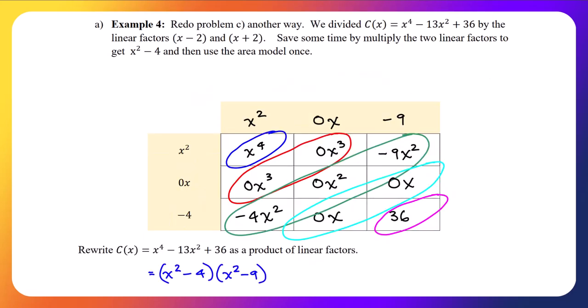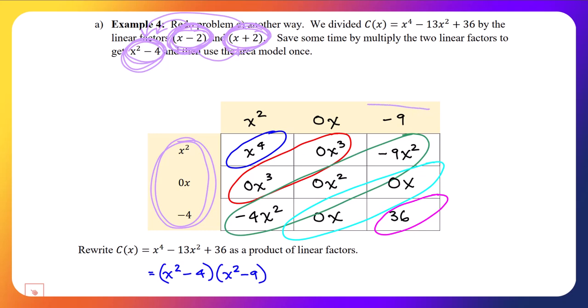Now, if you remember in the previous problem, we divided by x minus 2, and then x plus 2, one after the other. Well, if I multiply them together, I'll get x squared minus 4, which means that these two are in there at the same time. So why don't we divide by this, which is the same thing as dividing by this, and then this.